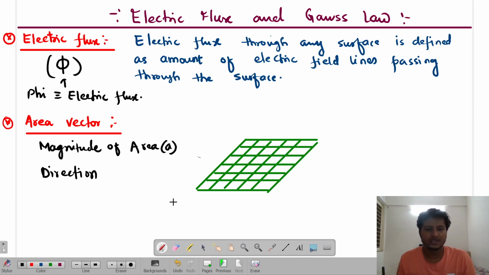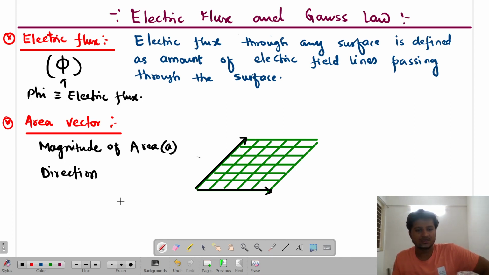Actually, you see that an area is formed by the cross product of length and breadth. Remember that. So let's suppose if I have length along the x-axis and breadth along the y-axis, then if we take the cross product of that, that's the value of the area. Are you able to get me or not?